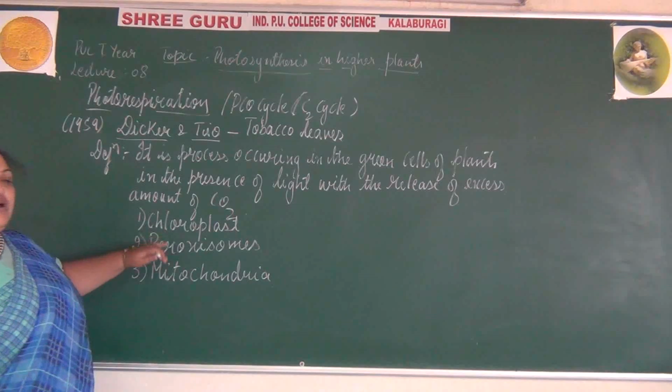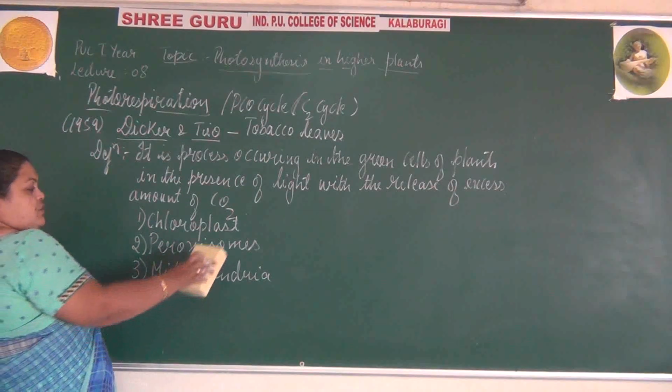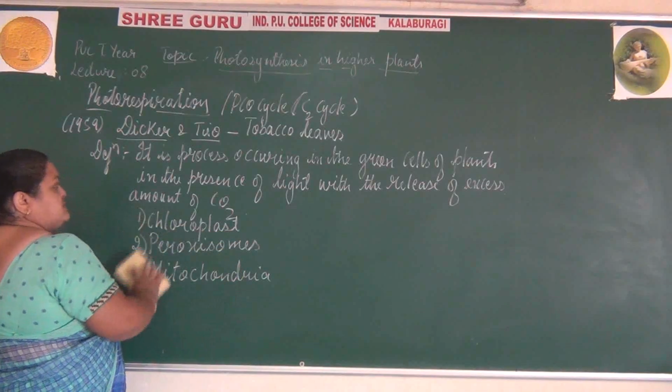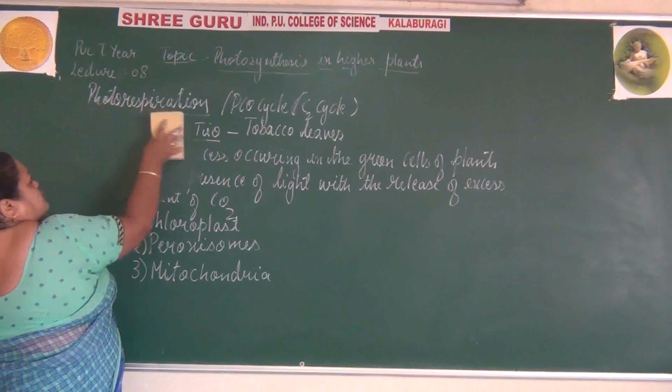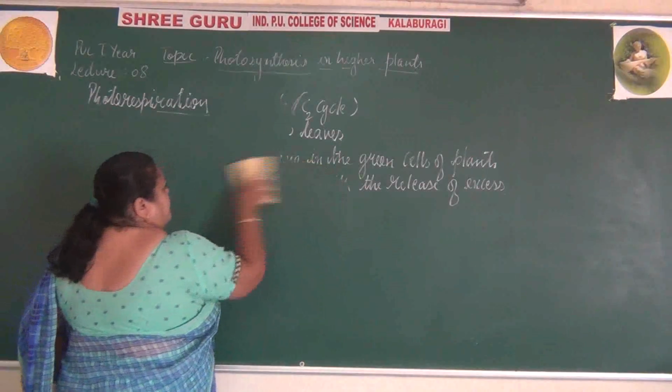So three organelles of the cell are involved in the process: chloroplast, peroxisomes and mitochondria. So we will go with the schematic representation.